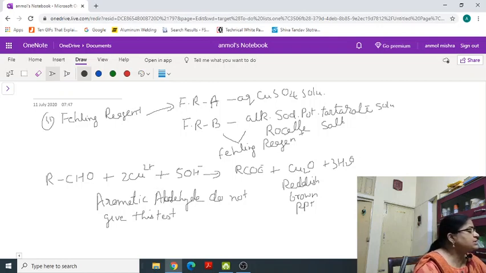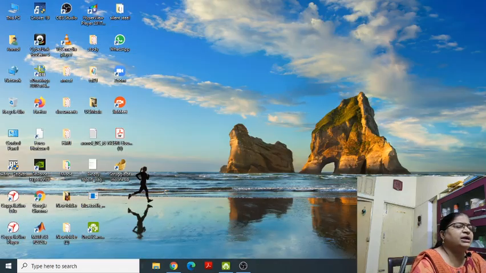And next is, now in today's session we have discussed the chemical reactions and preparation of aldehyde and ketone.